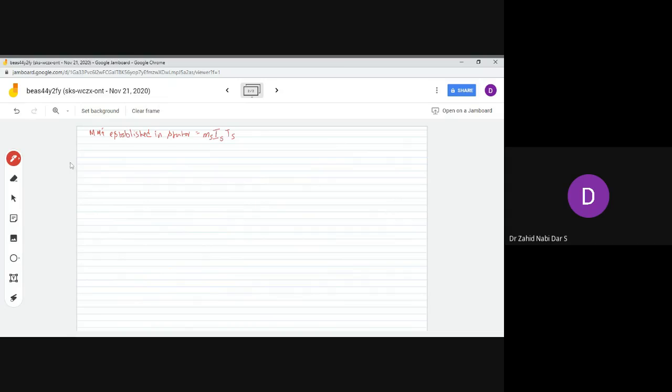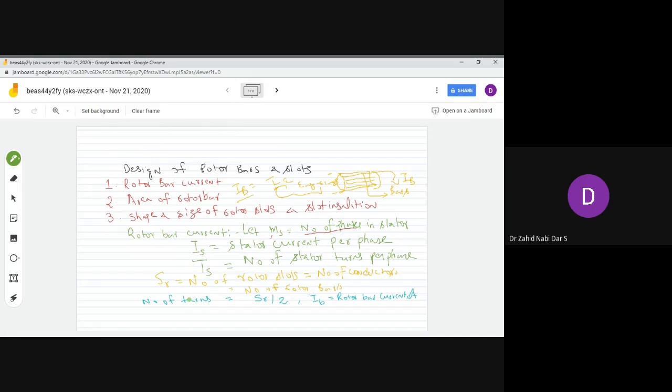Now let's go for the total rotor MMF. Can anybody tell me how much it would be? MMF is basically number of turns multiplied by current.